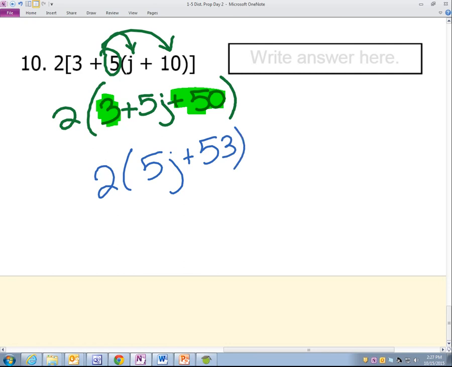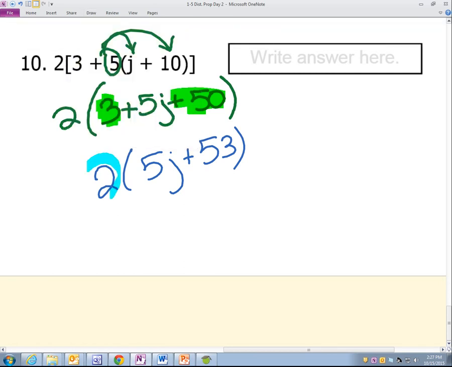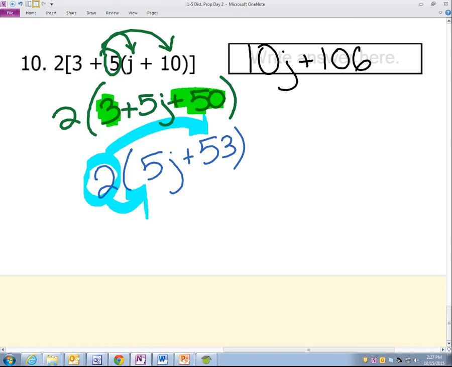I have to distribute that 2 into the 5J plus 53. So I'm going to take this 2, distribute there, and distribute it there. So my new expression is 10J plus 106.